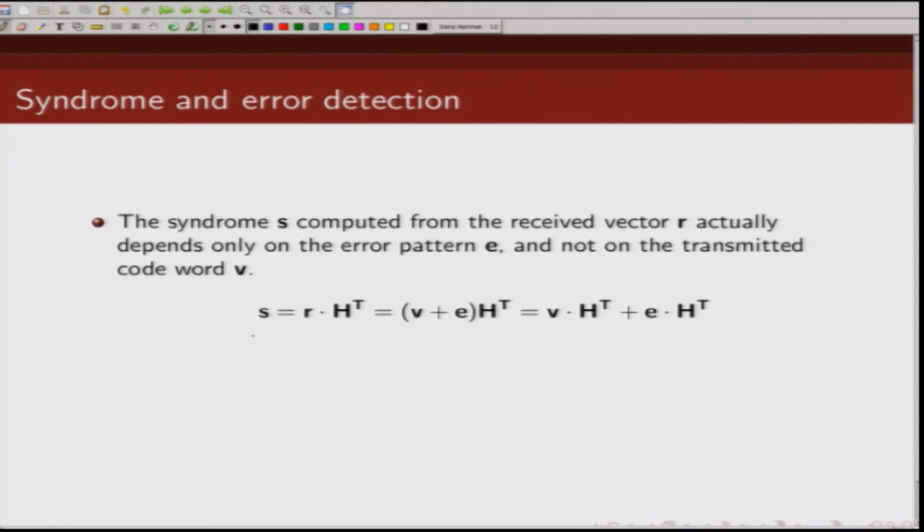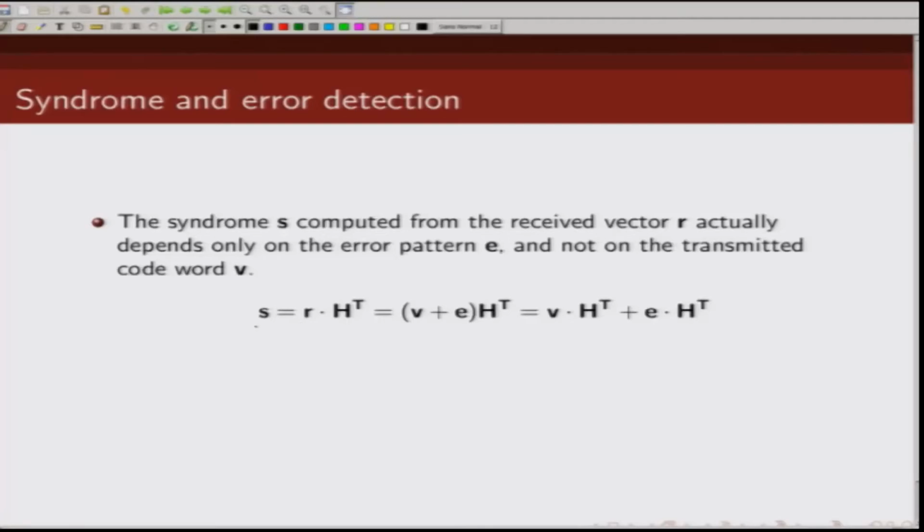So, as I said, we compute the syndrome from the received sequence R. The interesting part is that the syndrome depends only on the error pattern; it does not depend on what code word was transmitted, and this is easy to see. The syndrome is R H transpose, and R is my transmitted code word plus the error vector, this whole multiplied by H transpose.